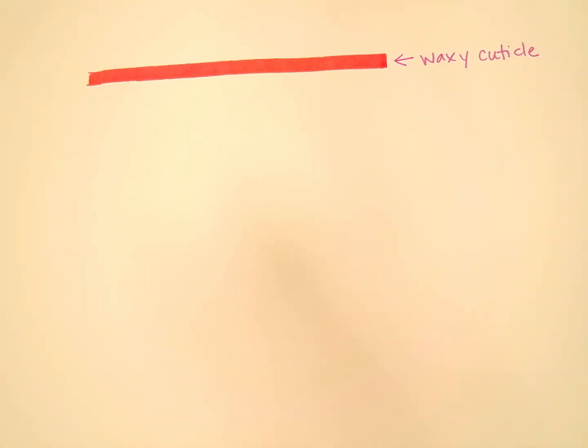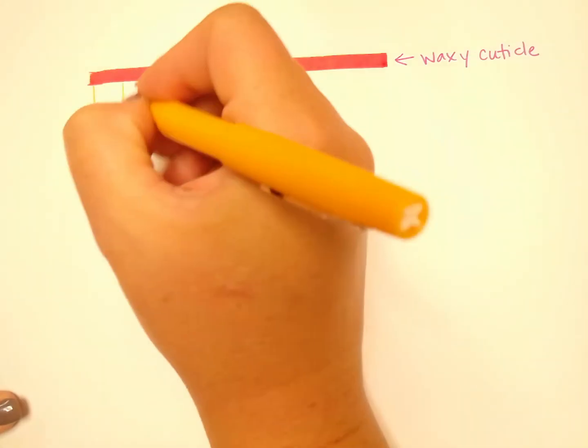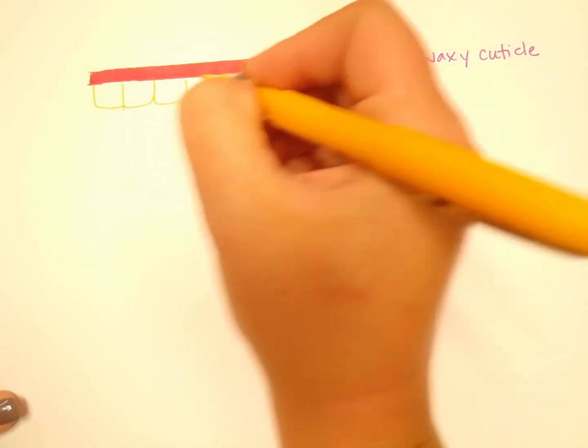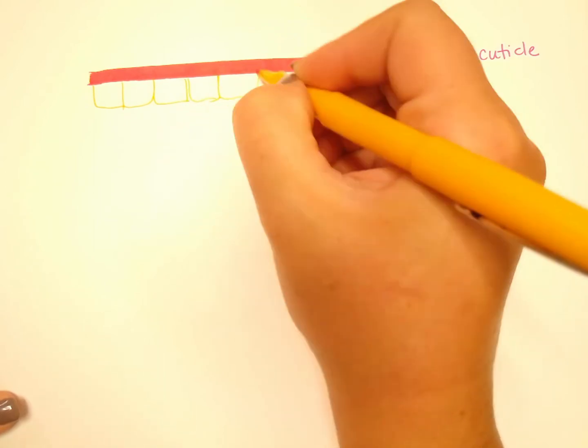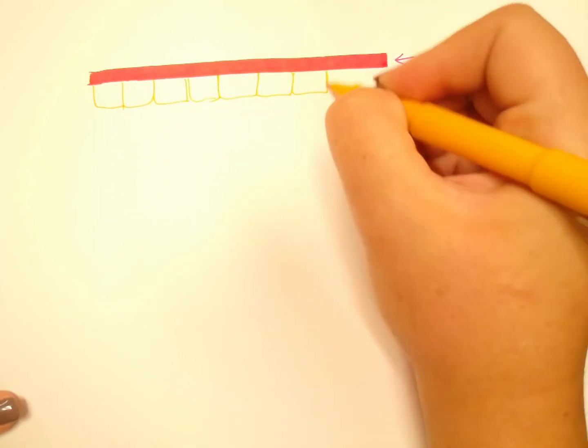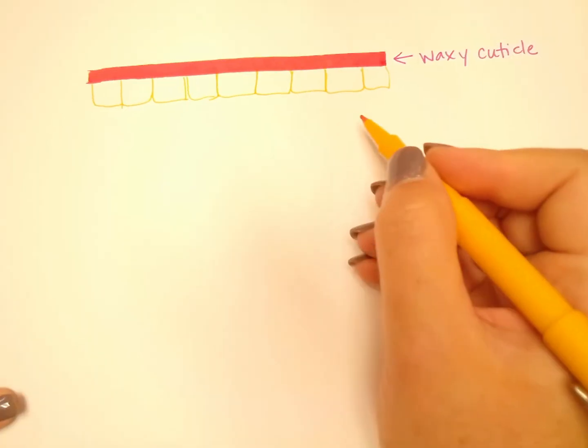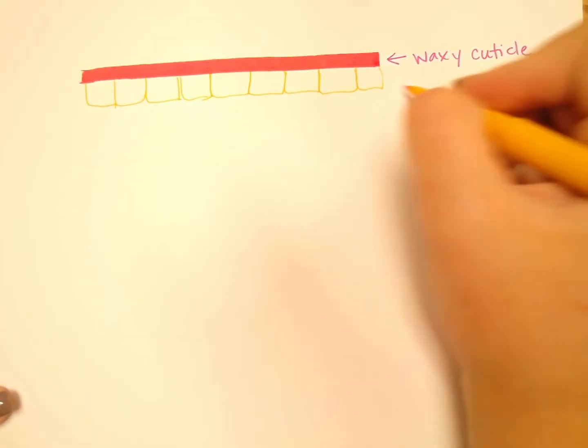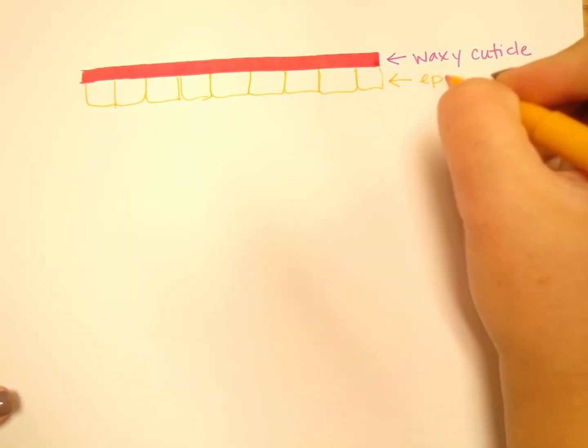The next layer that actually produces the waxy cuticle is a layer of cells called the epidermis. And just like our epidermis, it is to protect the plant, right? This is the epidermis.